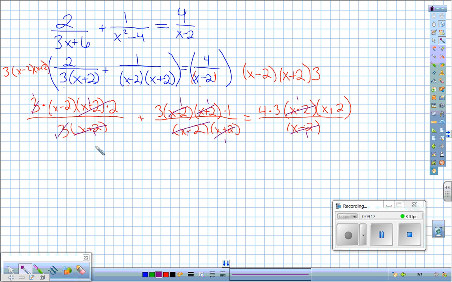Okay, so on this side here, I will just have 2 times x minus 2 plus 3 equals, then I will have 12 times, I'm going to actually go ahead and write it still out as 4 times 3 times x plus 2. And that way you can just really see what happens. I'm going to write this times 1 since I had a 1 on the numerator.